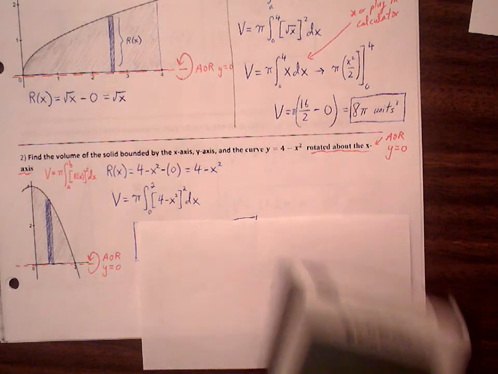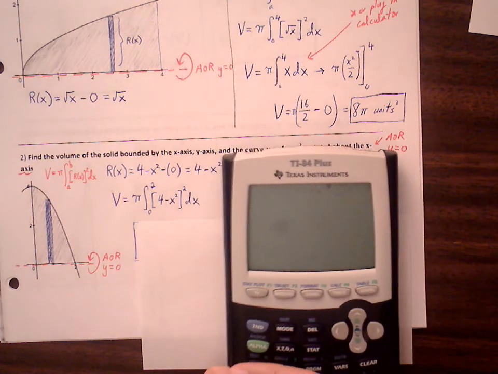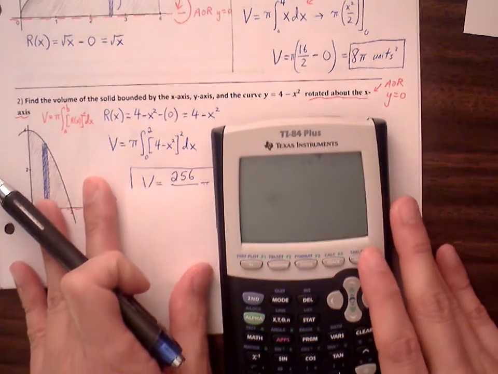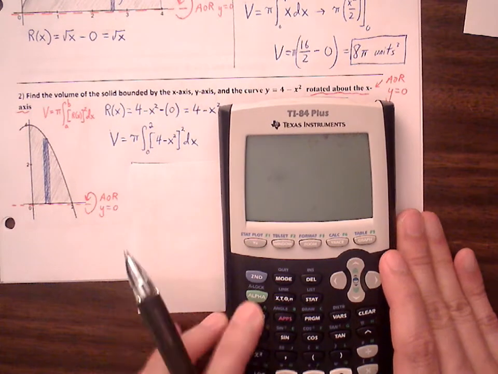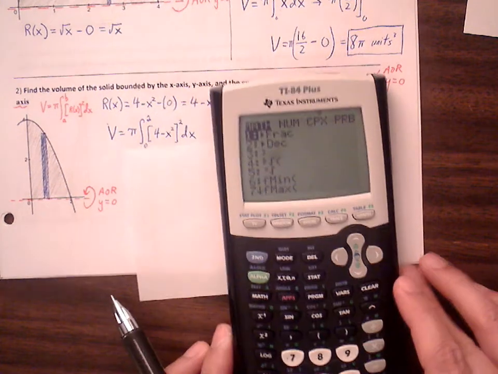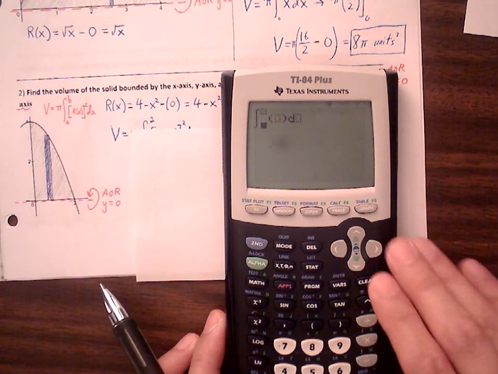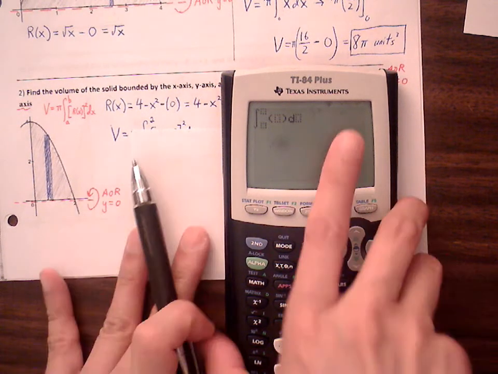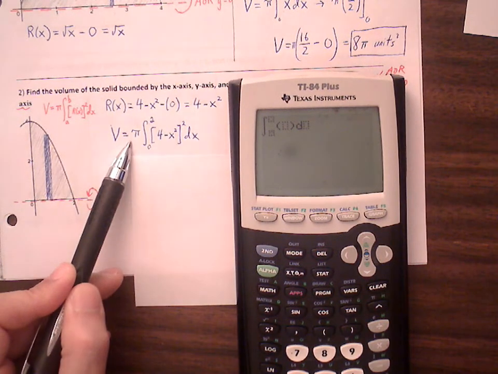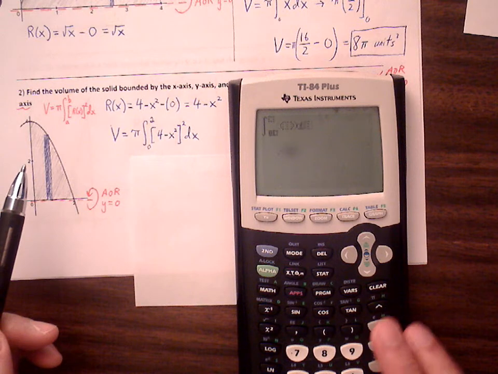So in this case, I can do math 9. So math 9 will take me to my FN integral. I'm just going to plug everything in as I see it. Leave the pi out of my calculator. I'll go from 0 to 2.